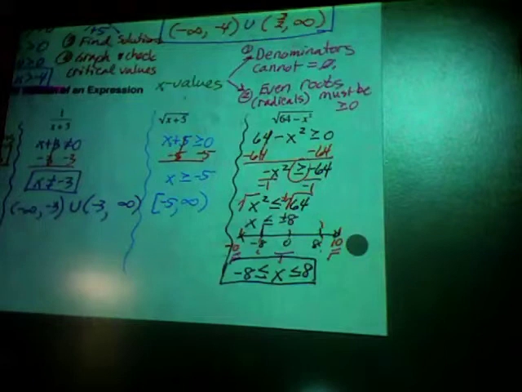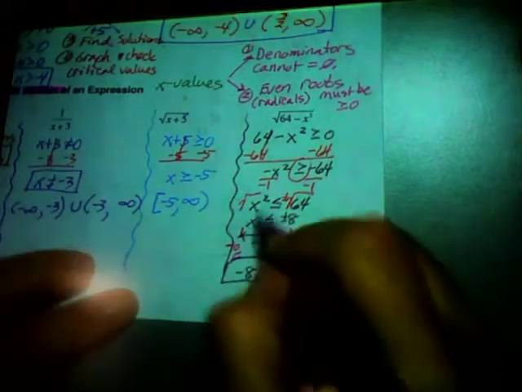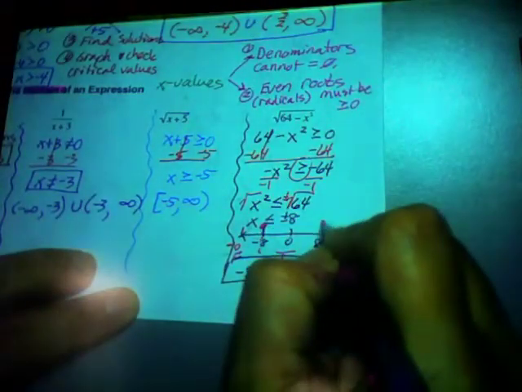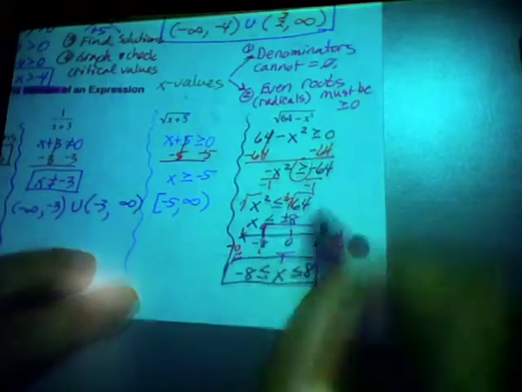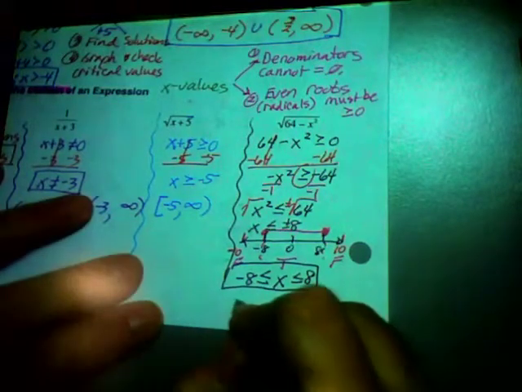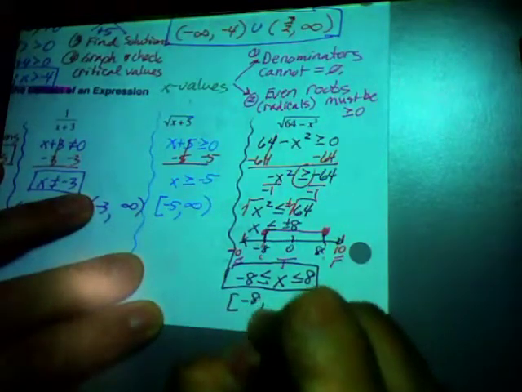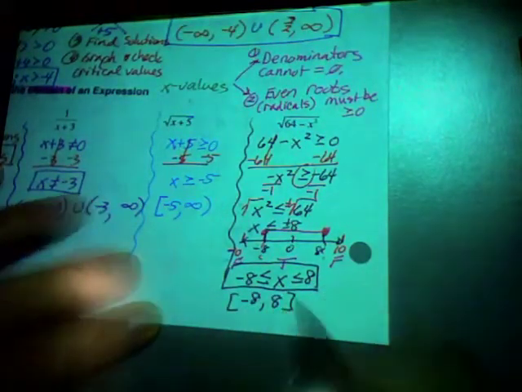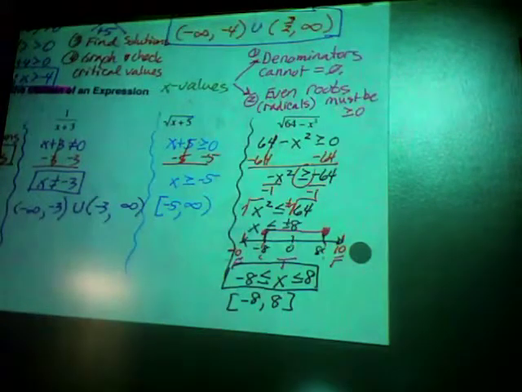But looking at this graph, I would have a closed circle at negative 8, a closed circle at positive 8, and a line in between. What does your interval notation look like? Bracket, negative 8, comma 8, bracket. That's all you're doing for your domain.